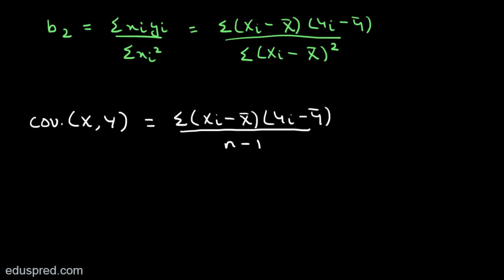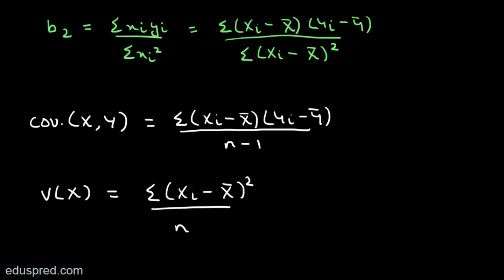And let's also write the formula to calculate variance of x when you are working with a sample. So the variance of x is equal to summation capital Xi minus x bar whole square divided by n minus 1. So this is the sample variance of x and this is the sample covariance between x and y, and these are the formulas that we already know.